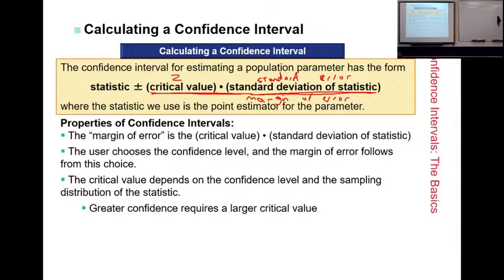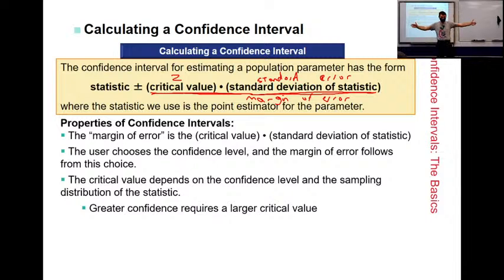Greater confidence is going to require a larger critical value. If I want greater confidence, I want to be factoring in potential candidates that are farther away from the mean that I get. So that's going to give me a wider interval. In other words, a 99% confidence interval is going to give me a wider range of values than a 90% confidence interval.